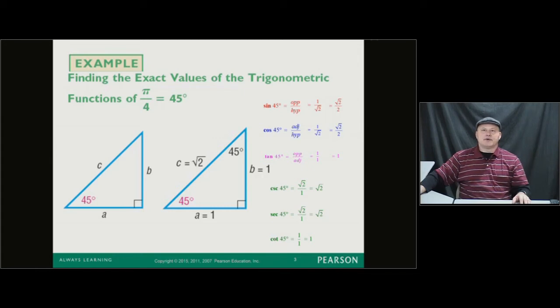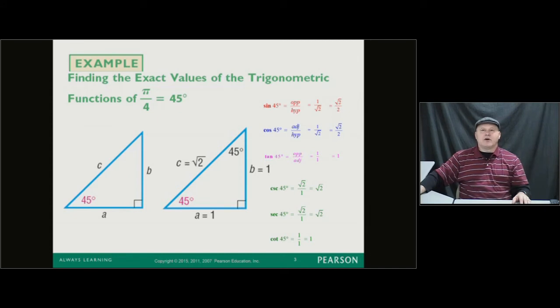Because 1 over the square root of 2, the reciprocal, is the square root of 2 over 1, which is the square root of 2. And ditto with the secant of 45 degrees. Its reciprocal is square root of 2 over 1, which is the same. The cotangent is the reciprocal of the tangent, and of course the reciprocal of 1 over 1 is still 1 over 1, so the cotangent of 45 degrees is also 1.